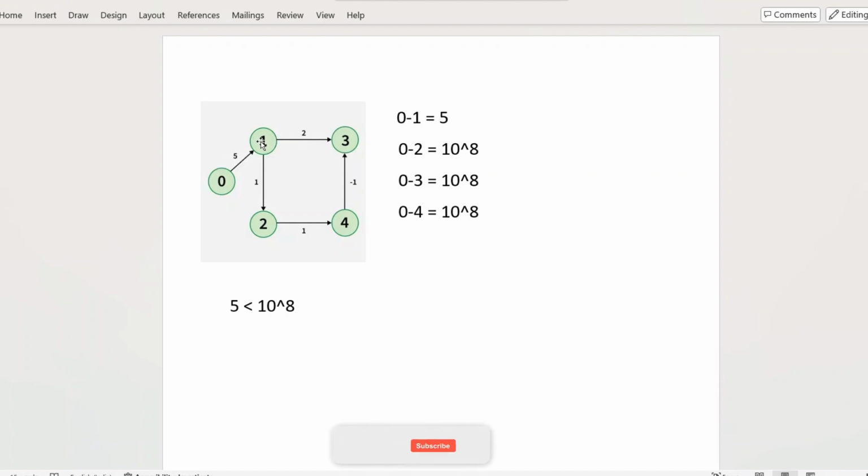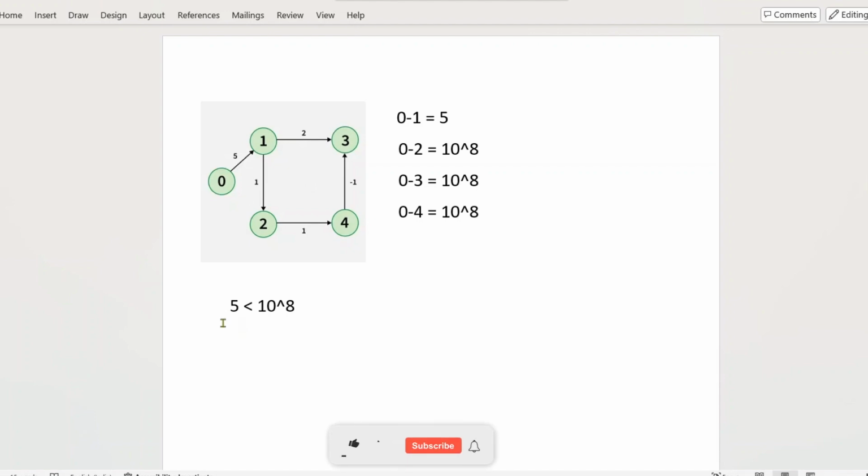Again we repeat the process. What are the vertices that are directly reachable from vertex 1? That is vertex 3 and vertex 2.